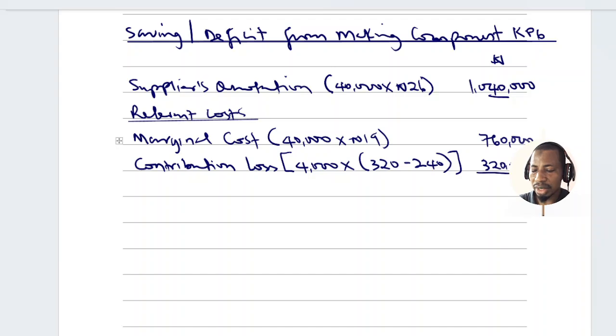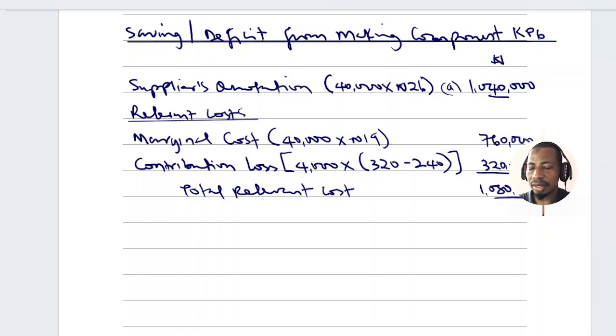So add the two together, this is 1,080,000. So this represents the total relevant cost of making component KP6 internally. So here, this is A, this is B. So examiner is asking you whether the company should manufacture the component internally or purchase from an outside supplier.